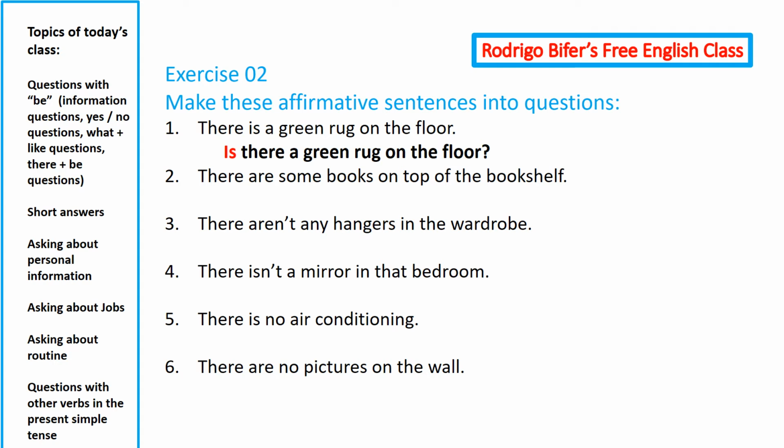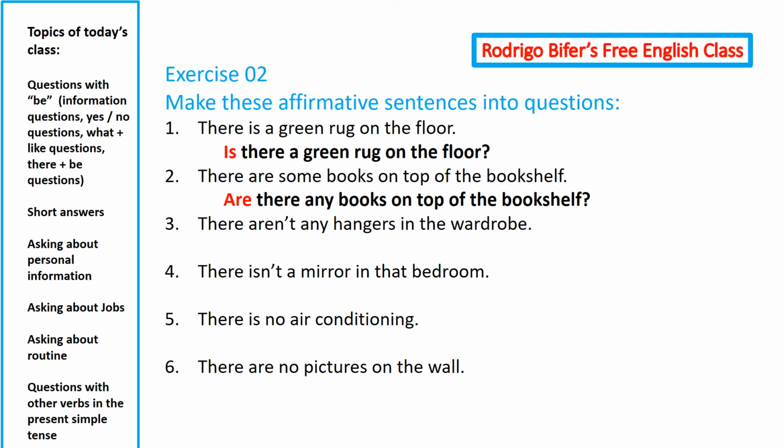Okay, number 2, there are some books on top of the bookshelf. Bookshelf is that object you put books on, okay, to keep the books. So there are some books on top of the bookshelf. How could you make that into a question? You guessed, that's right. Exactly.